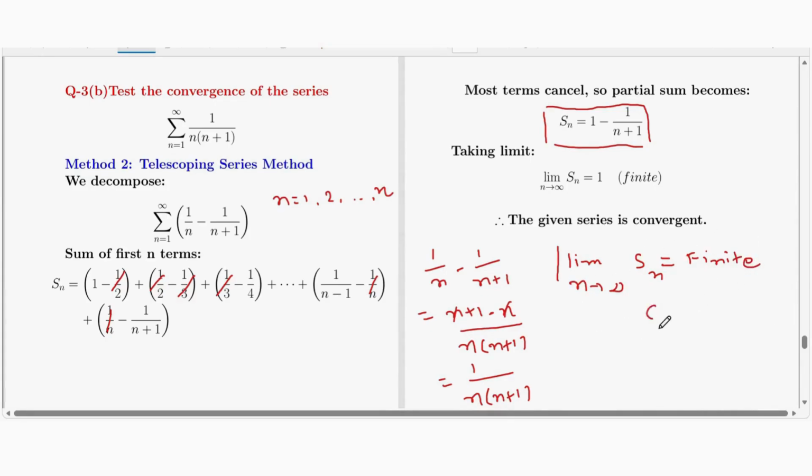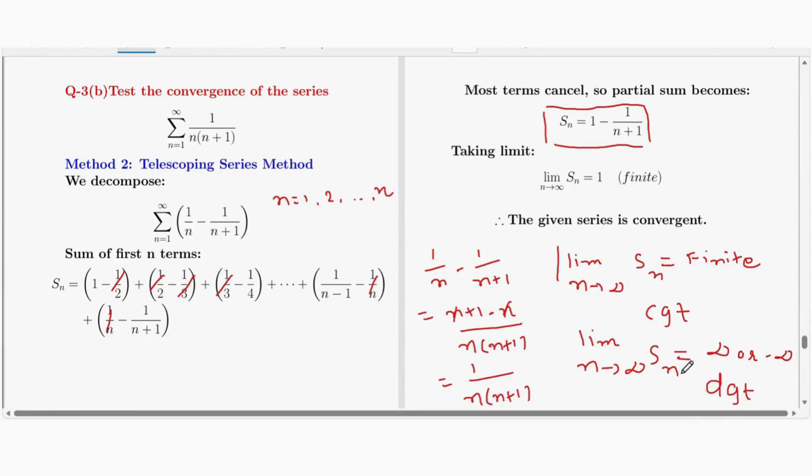The given series is convergent series. Okay, and if limit n tends to infinity, Sn is equal to either plus infinity or minus infinity, then what we conclude? The given series is divergent series.